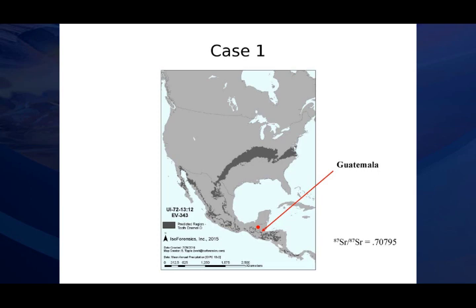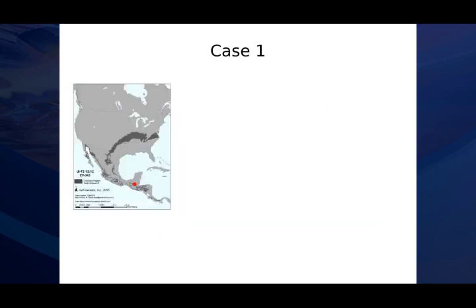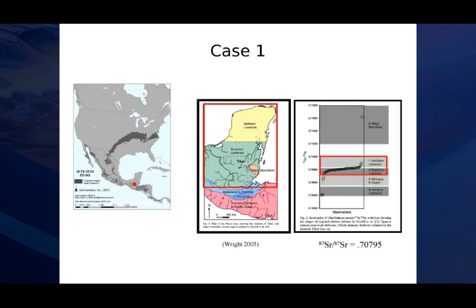But again, this is sort of an early start here. We do have a strontium signature value that was consistent with that area as well. This is actually the same case, and you can see the areas that are consistent with the strontium value for this individual, although we don't have great baseline data at this point.